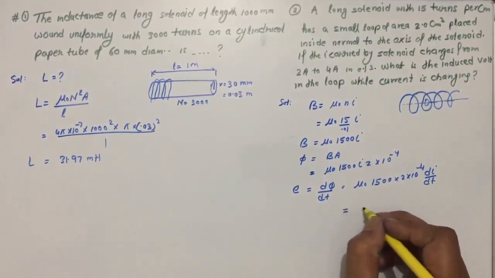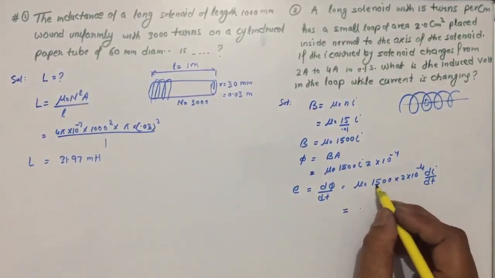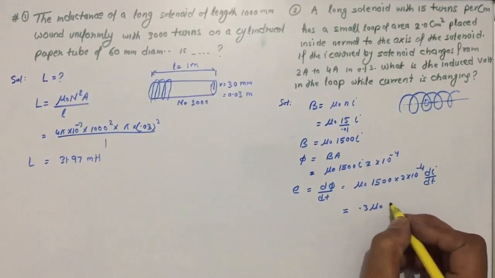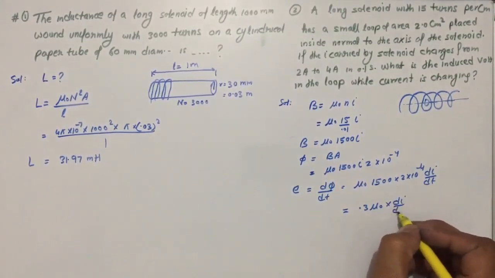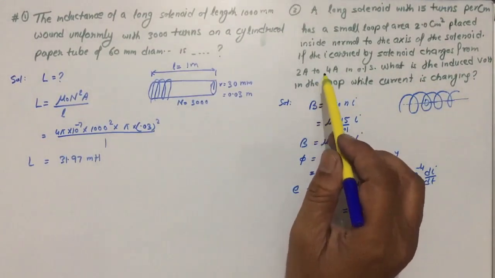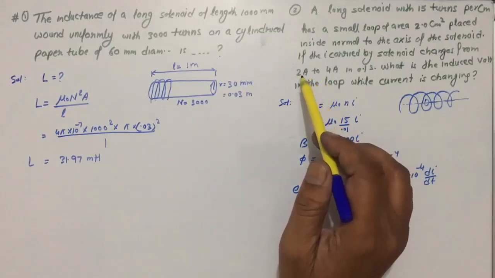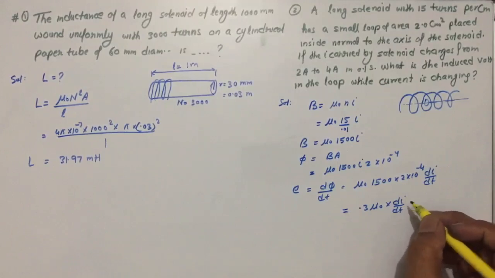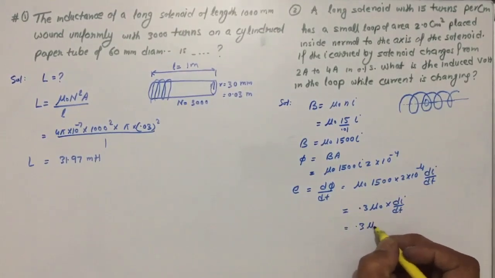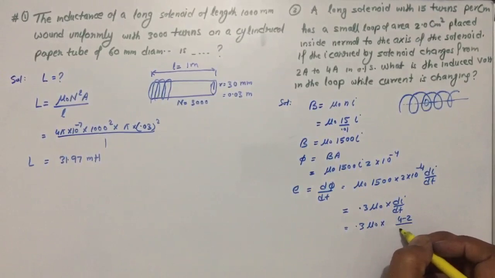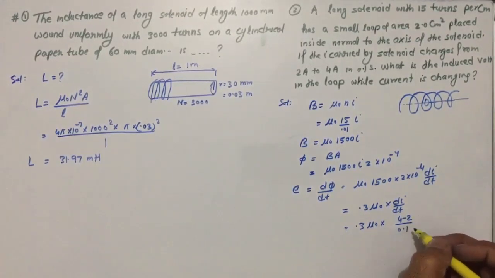From here we can write 0.3 mu naught into di over dt. And as it is given that considering the change is uniform, then di over dt is 0.3 mu naught times final minus initial, that is 4 minus 2 ampere current, in time, change in time 0.1 second.